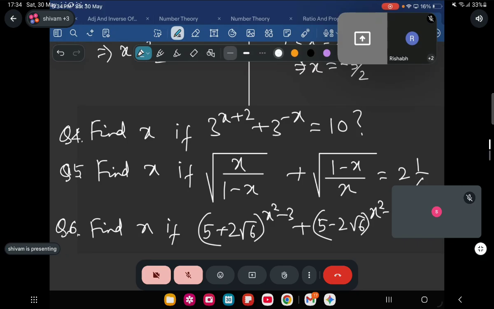Correct. Number 4, everyone should be able to solve it. 4 and 5 are all easy problems. Quickly solve.